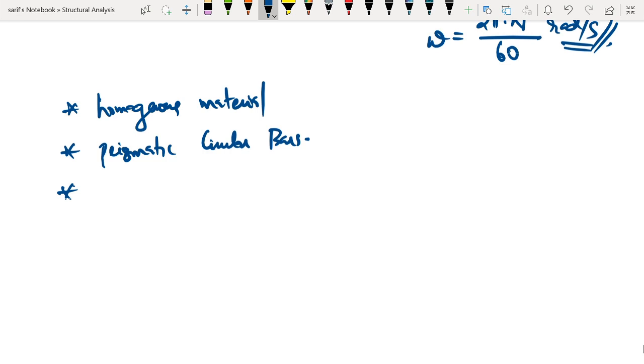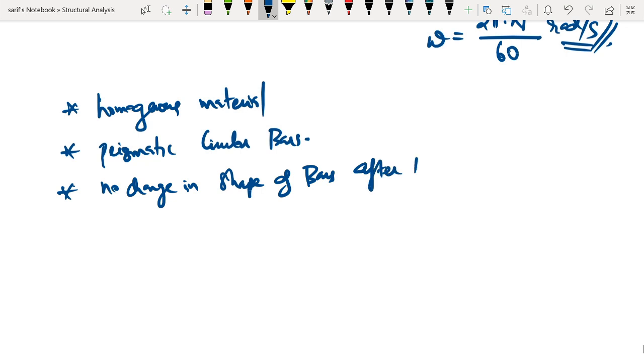Then another thing that we have used is there is no change in the shape of the bars after twisting. Okay, so after twisting the bars remain circular before and after twisting.